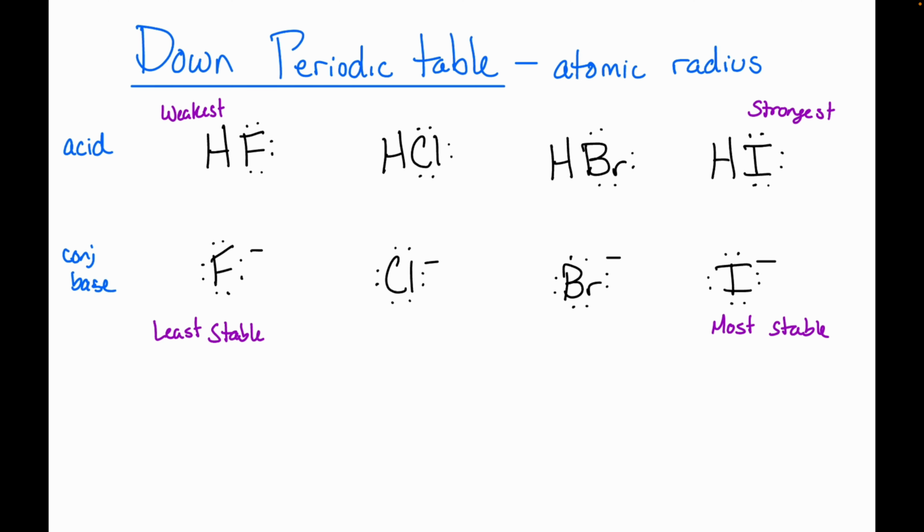All right, so this one's the most stable because our larger ion can spread that negative charge over a larger area.